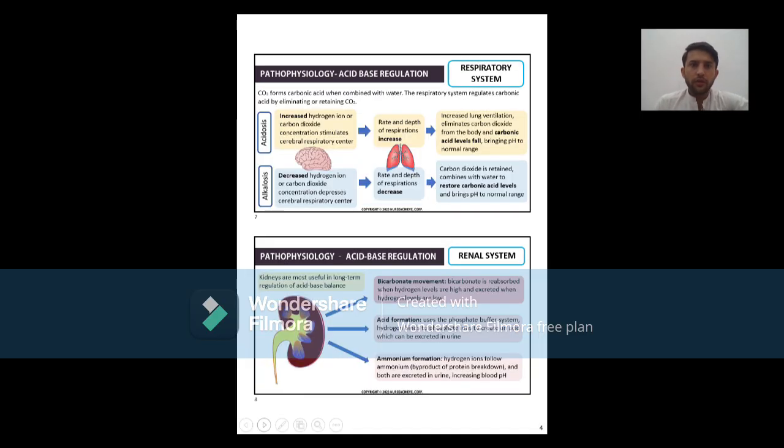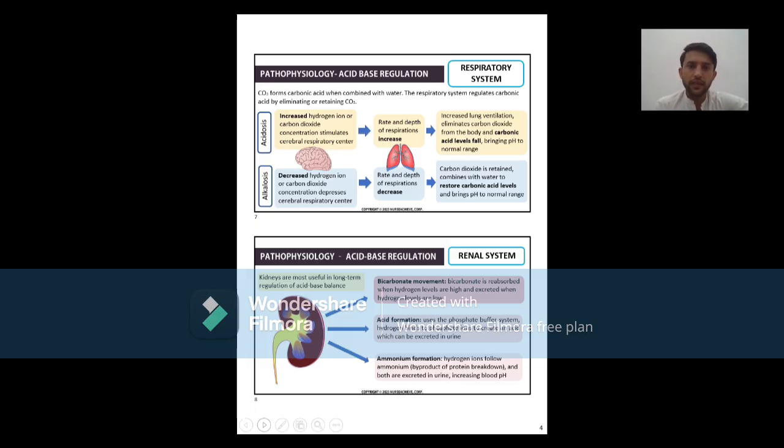If we talk about the pathophysiology of acid-base regulation, we have an important element such as CO2. It forms carbonic acid when combined with water. The respiratory system regulates carbonic acid by eliminating or retaining CO2. When the body retains CO2, it decreases the pH level because CO2 is highly acidic.